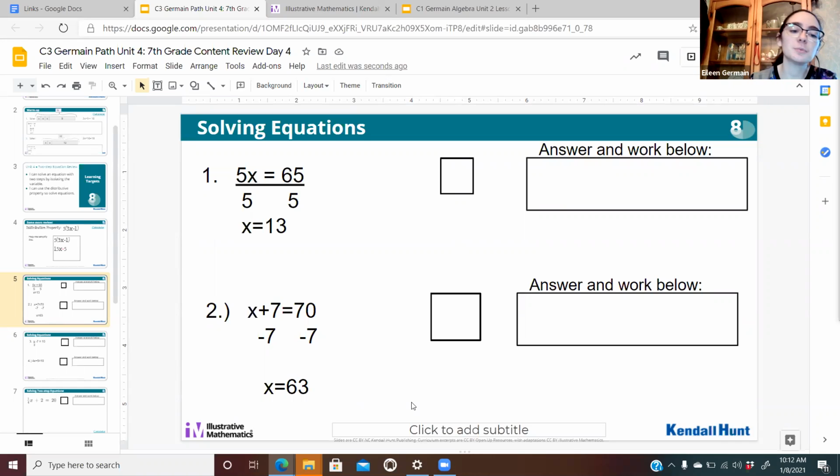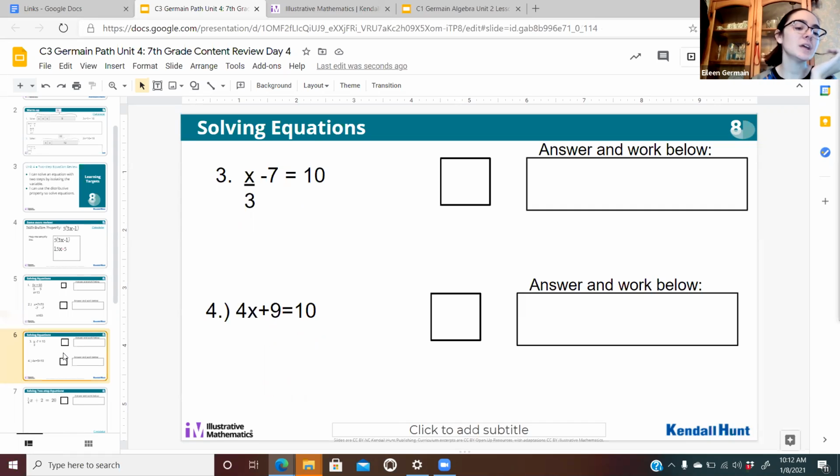Now, these were called one step because you only needed to undo one operation. The next one, slide number 6, is going to be a 2-step operation. So we're going to have to do 2 things to get the x by itself here.